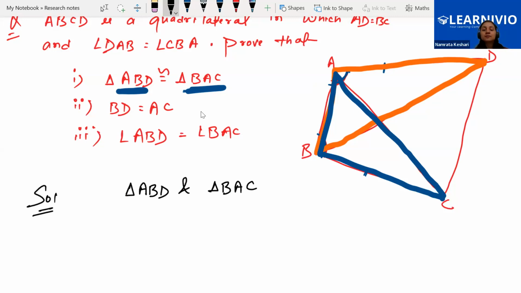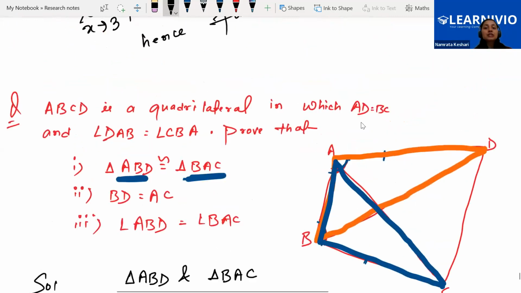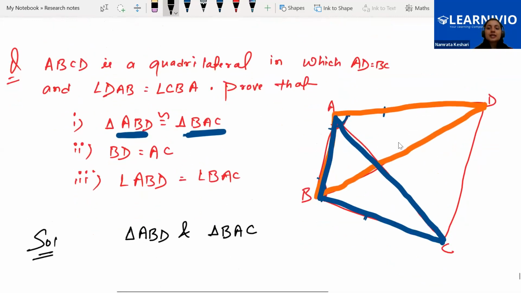Then we will write whatever information is given in the question. Here it is clearly written that AD is equal to BC. We just have to confirm that side AD is there in one of the triangles, yes or no. AD side is present in one of the triangles we have written. We can see AD side is in the orange triangle, right?